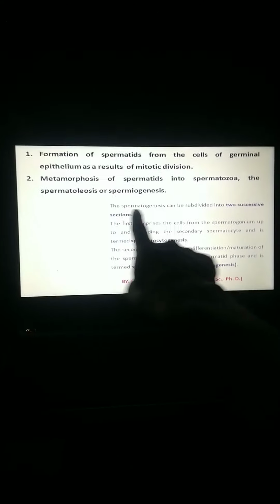The spermatozoa can be subdivided into two successive sections: the first comprises the cells from the spermatogonium, and the second comprises the differentiation and maturation of the sperm cells.